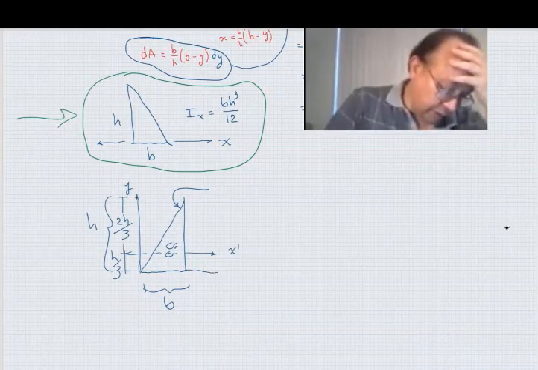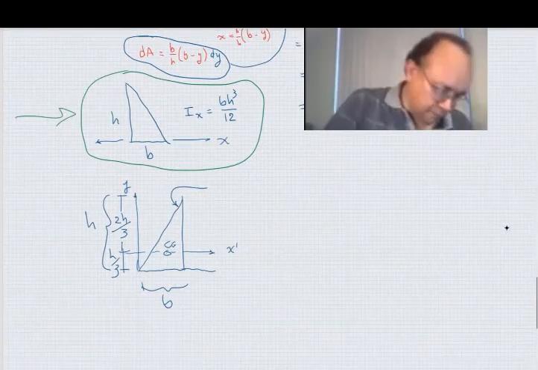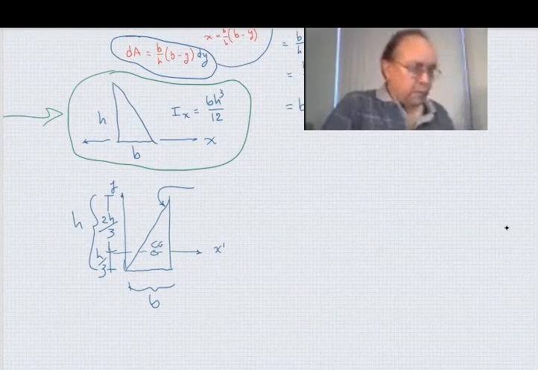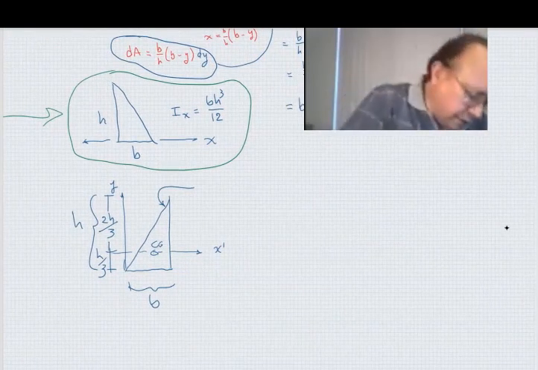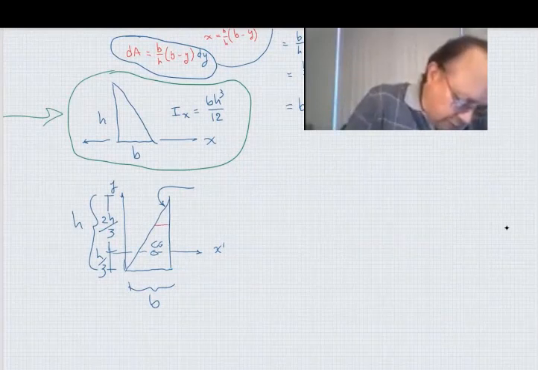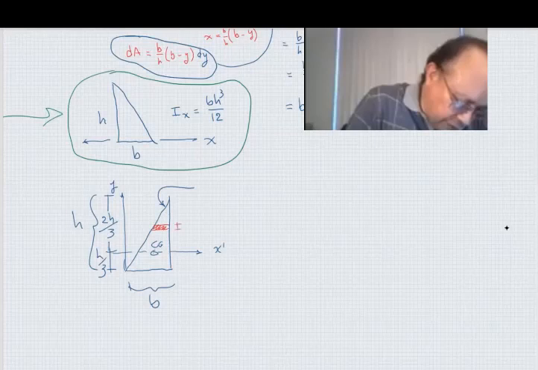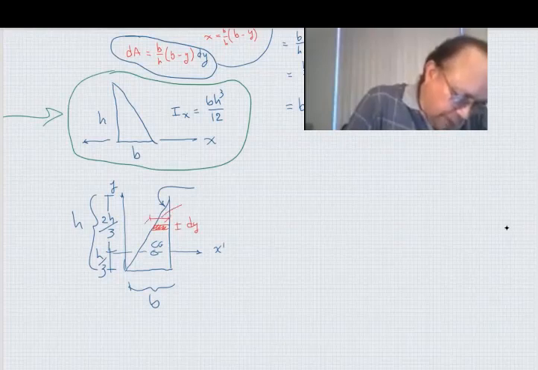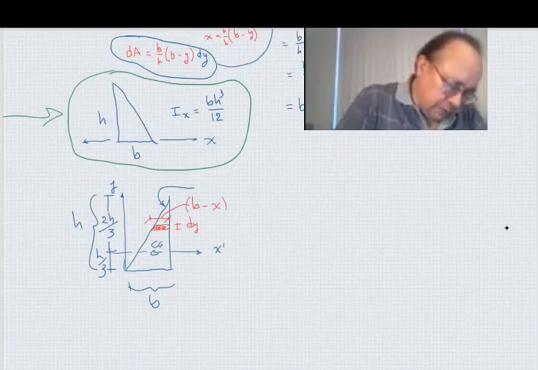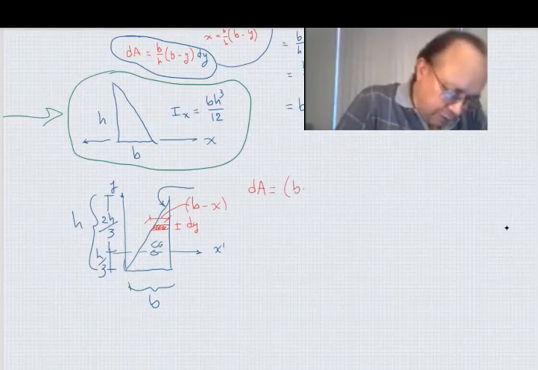And then we have here, in this case, our differential of area will be this dy, and this distance will be b minus x, right? So our differential of area will be (b minus x) dy.